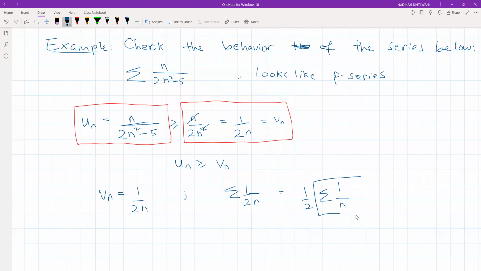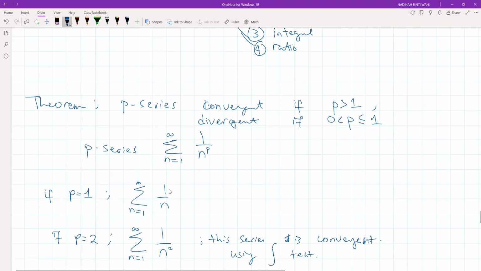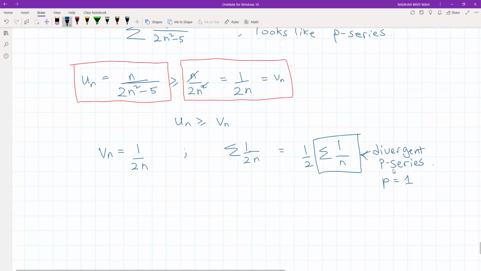You can take the constant factor out of the sigma notation. So this series diverges, because p equals to 1. Divergent p series, p equals to 1. This is the p series, right here. And you can take the constant out.